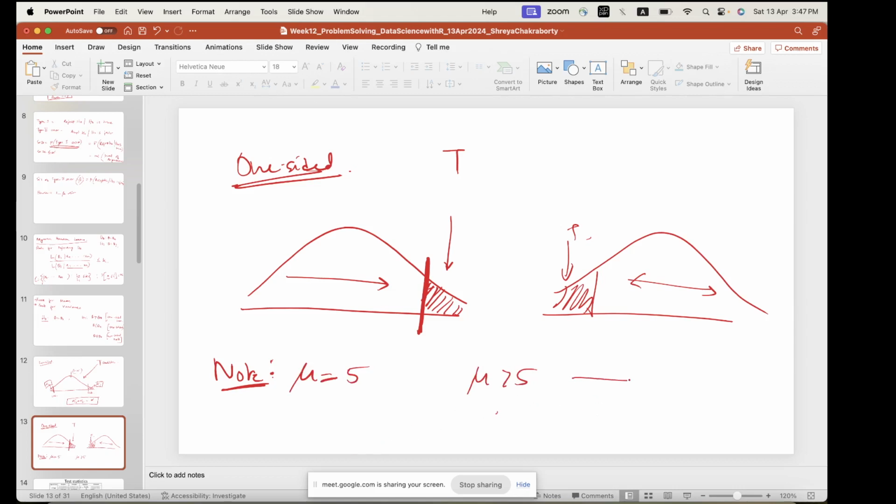Based on the Neyman-Pearson theorem, the test statistic is such that if it is greater than some t critical, H naught is rejected. But it does not mean that whenever I have some theta value which is greater than 5, then my test statistic should also bear the same greater than signature. That is not always true.